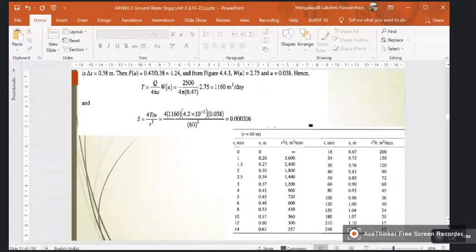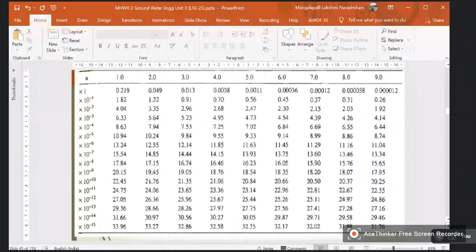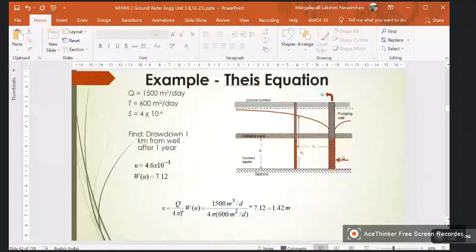Okay, right. So I will explain from this point onwards. Suppose we know the values of S and T, then we can use this equation for determining the drawdown at any point, which in this case is 1 kilometer, and at any time, which is 1 year from the starting of the pumping.